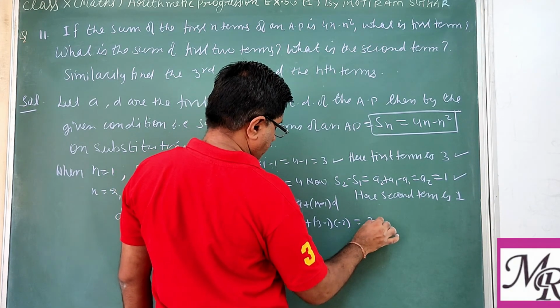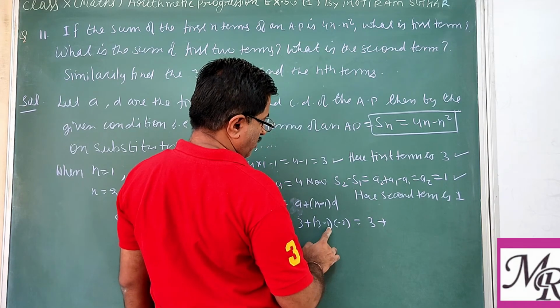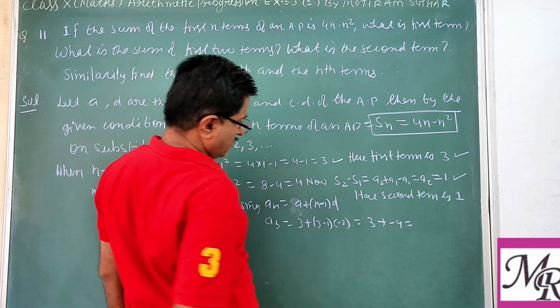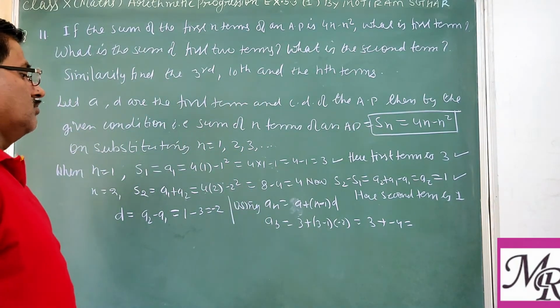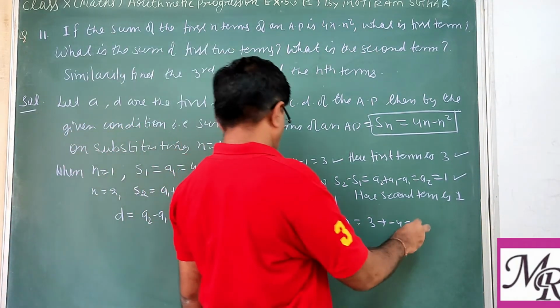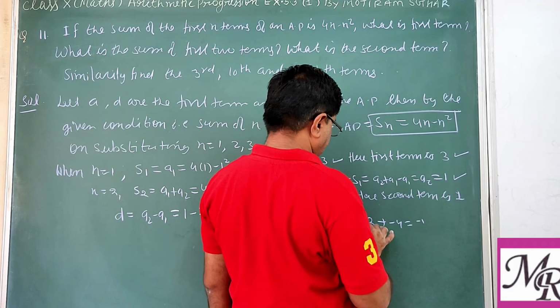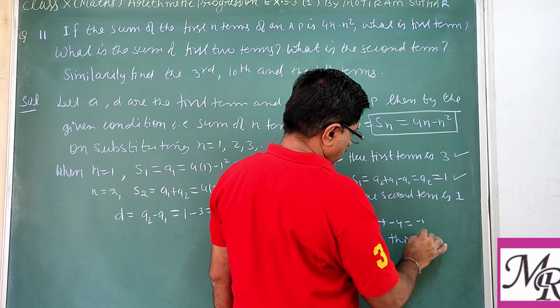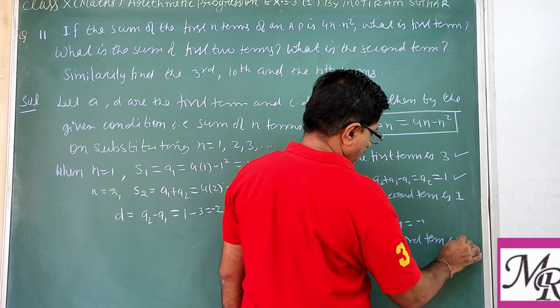So 3 plus 3 minus 1, that is 2, into minus 2, that is minus 4. So 3 minus 4 is minus 1. So the third term is minus 1.